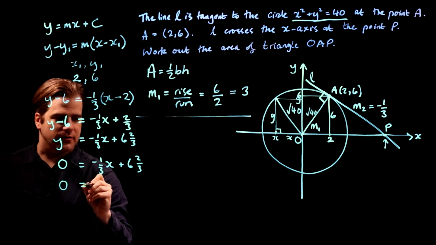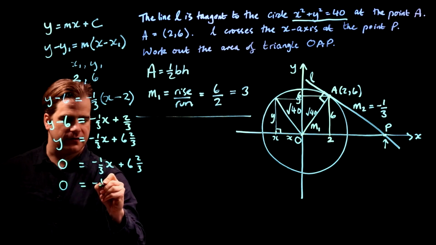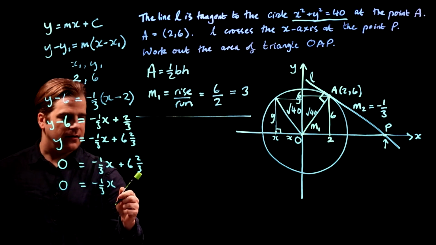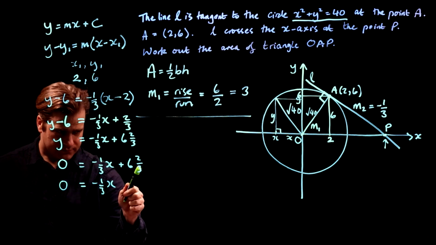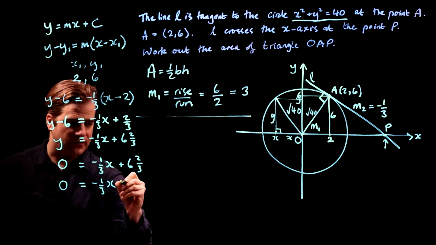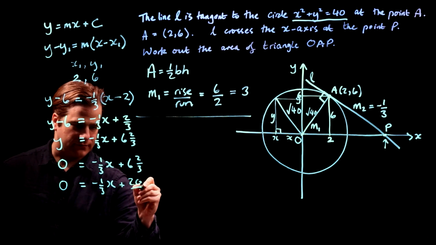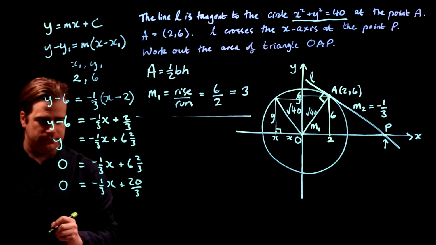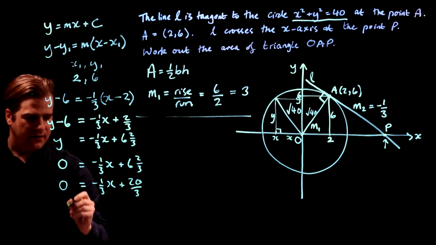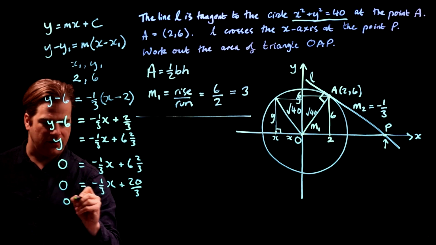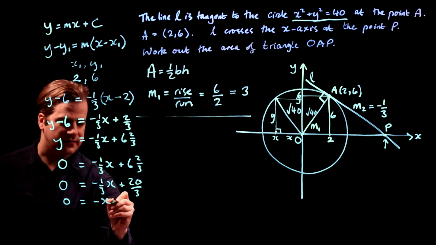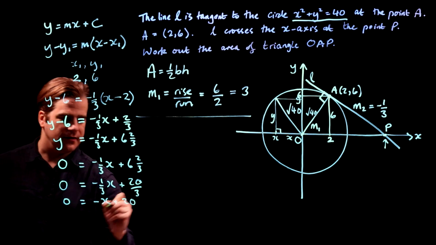I'm going to make that top heavy: 3 times 6 is 18, plus 2 is 20. Multiply everything by 3: 0 times 3 is 0, equals minus x plus 20.